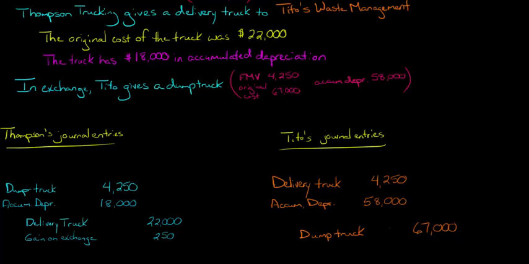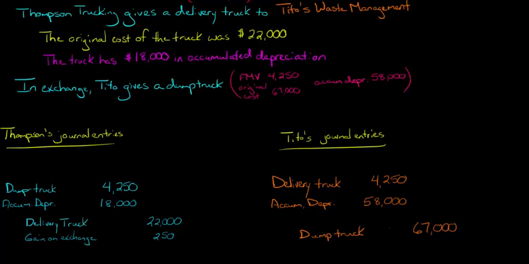Remember, they're getting rid of a dump truck, and that has an original cost of $67,000. So they're going to credit dump truck for $67,000, and they have to get rid of the depreciation associated with that dump truck, which let's say was $58,000. So there's going to be a debit to accumulated depreciation to zero out that account as it relates to the dump truck that they're getting rid of.